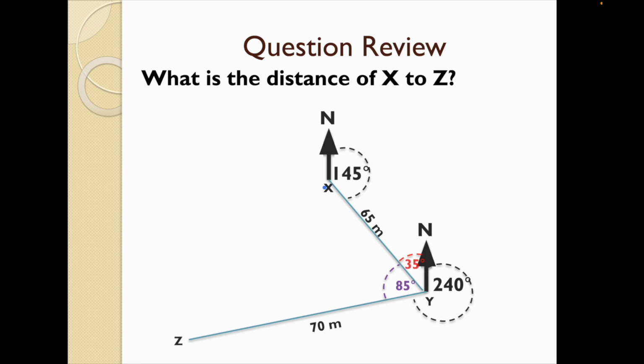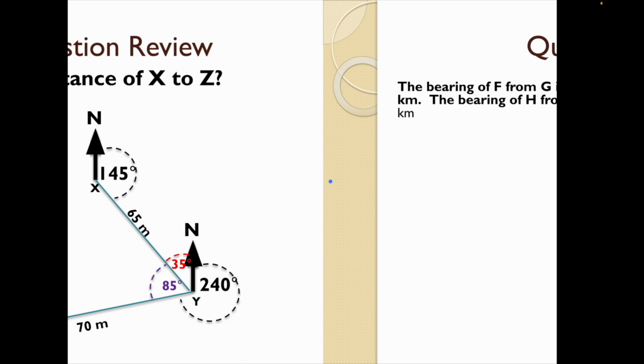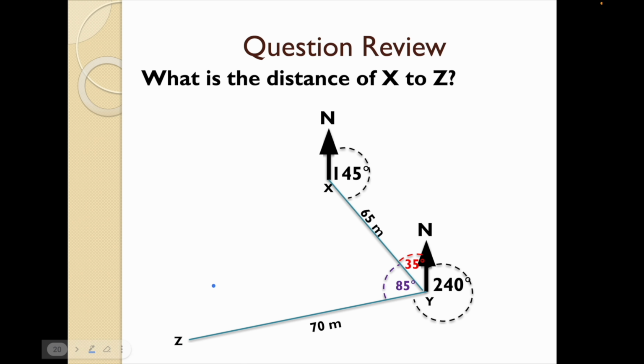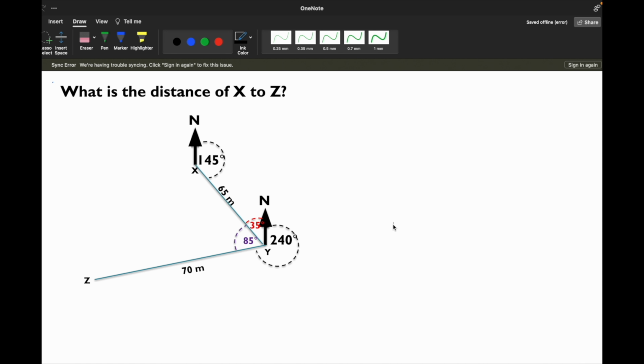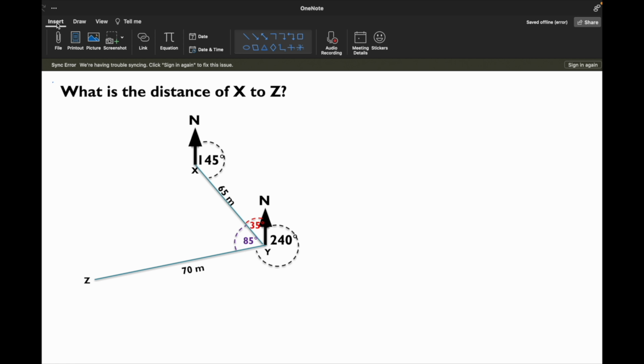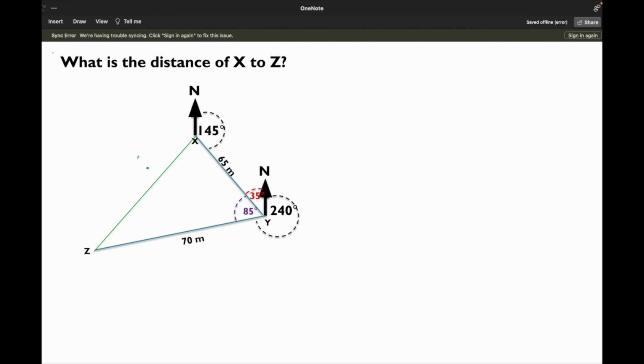All right, so the question is now, how can we calculate the distance of X to Z? We want to figure out what the distance is from X to Z. Now, this is where we start to bring up our other knowledge. This here is a triangle.